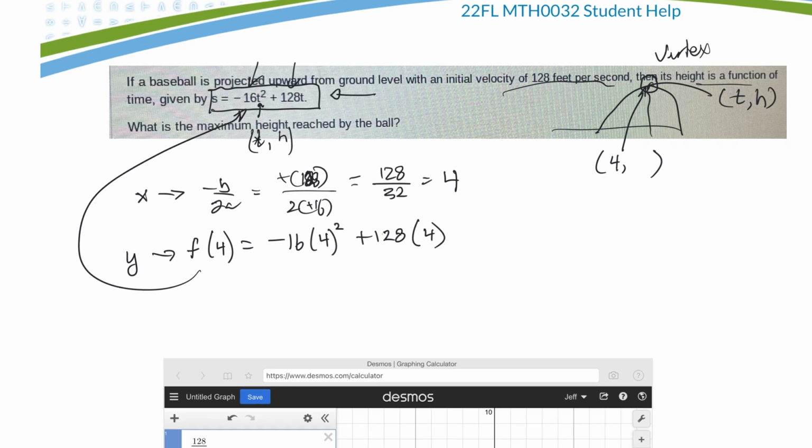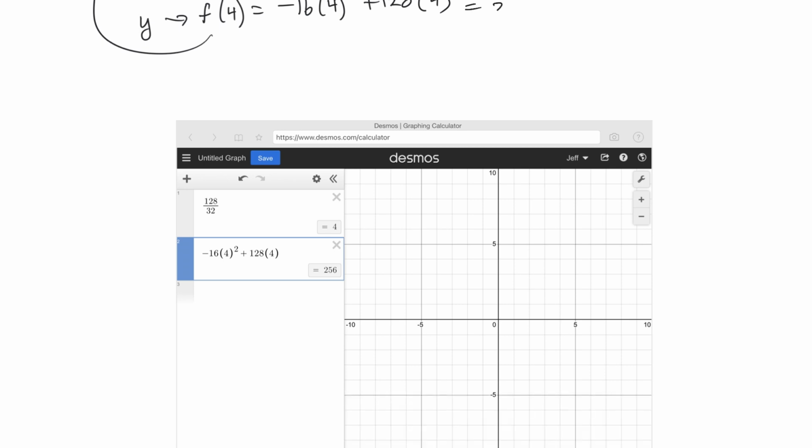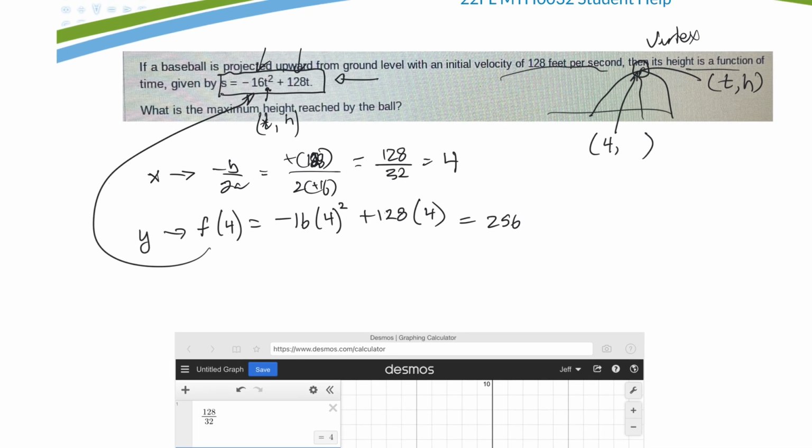That comes out to 256. So the height that the ball gets to is 256.